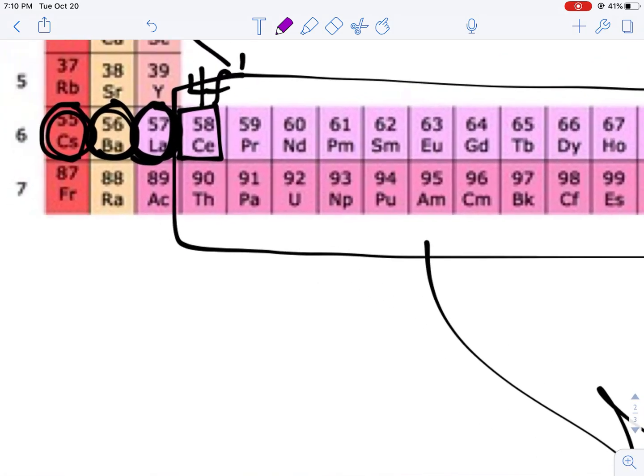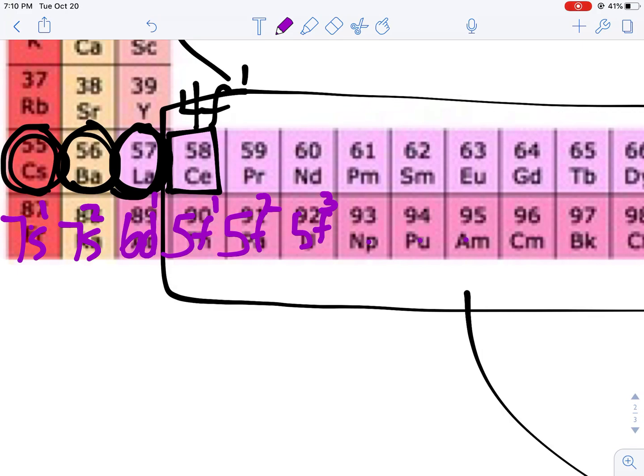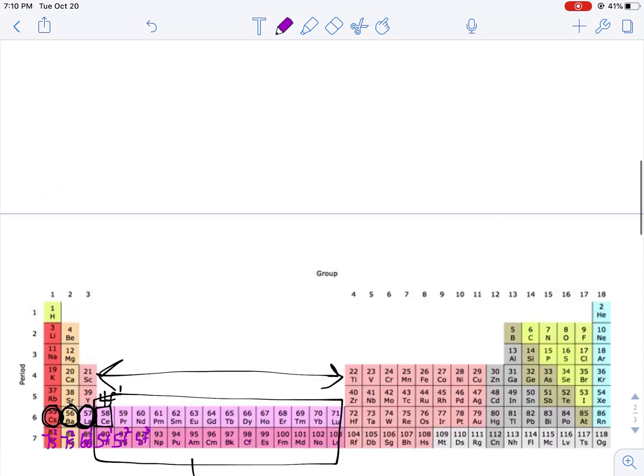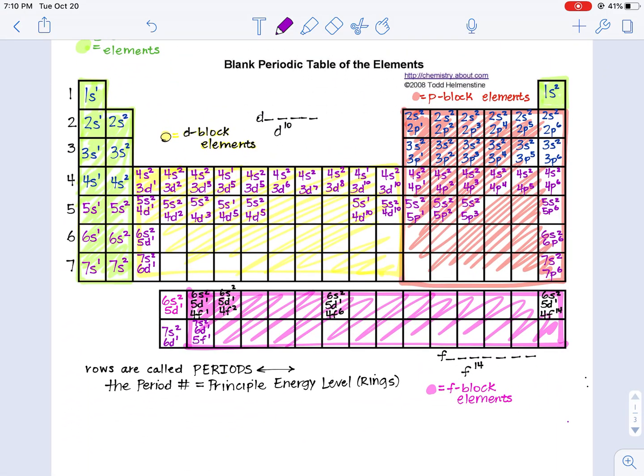Okay, here's where we were just focusing on. 7s1, 7s2, 6d1, 5f1, 5f2, 5f3, etc., etc., etc. So cool beans that our periodic table of the elements is really based upon the structure of the atom.